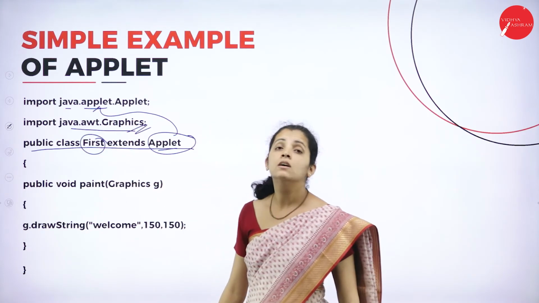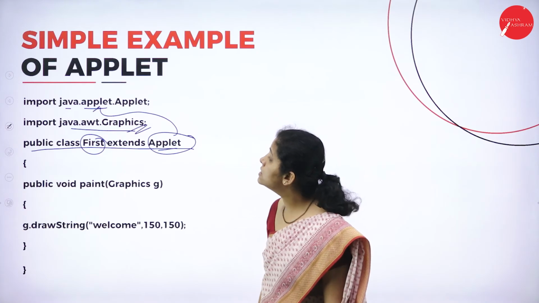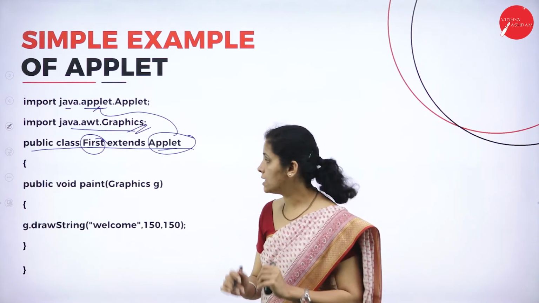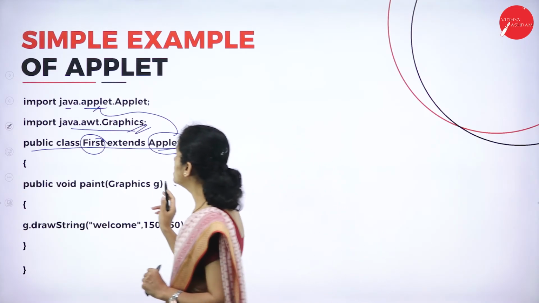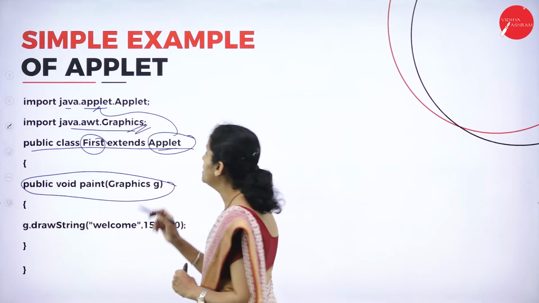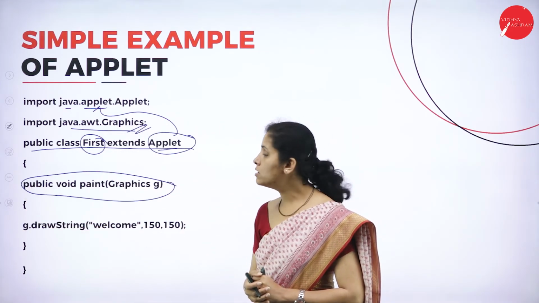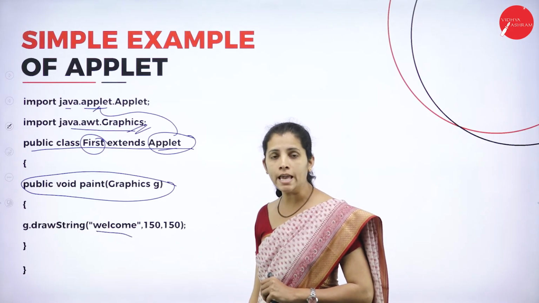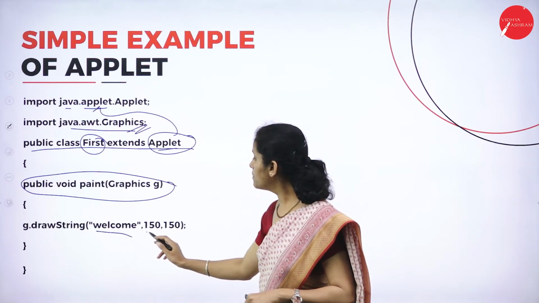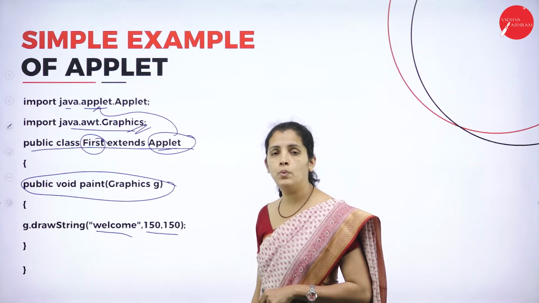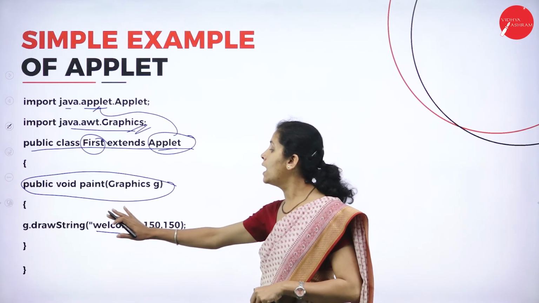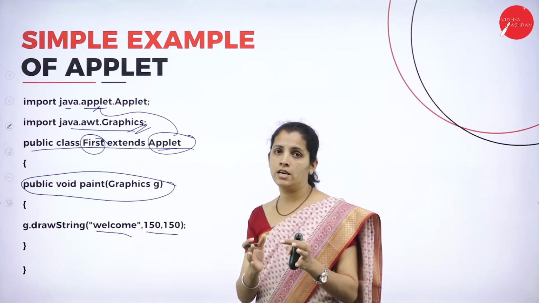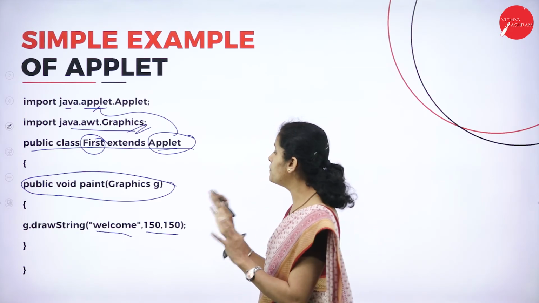And what is the class name here? That is first. This is my class. Here I'm going to call the paint method because I want to display the message saying welcome, and I'm going to specify the width, that means where I want to display the message. So I'm going to specify the space.